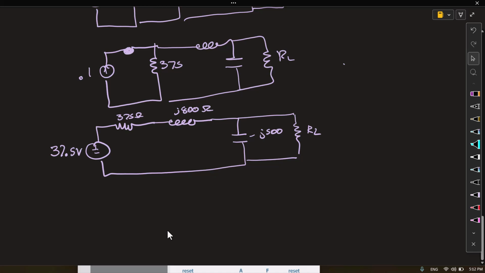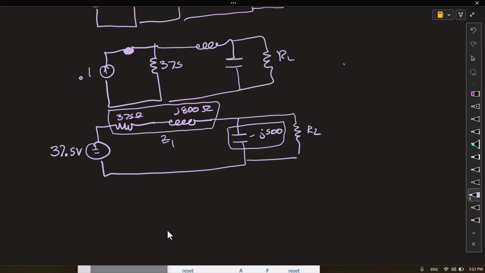Okay, so now, for simplicity's sake, I will call this Z1.